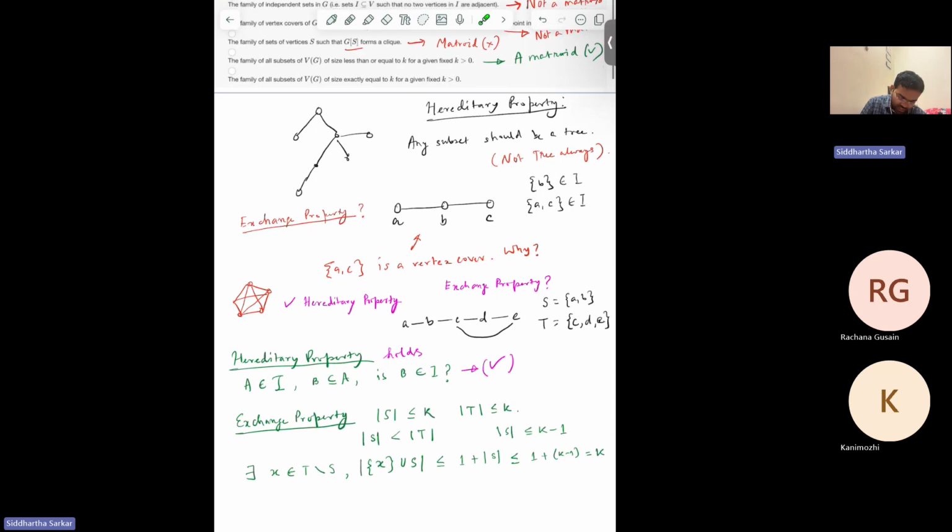That if A is in I, that means you are taking a set of size k, then will a proper subset of A, that is a subset with size strictly less than k, be in the family? No, because you are taking only those sets having size exactly equal to k. So anything of size k minus 7 is not there. So any subset of a set here is not there. So this is not even respecting the hereditary property. So this cannot be a matroid.